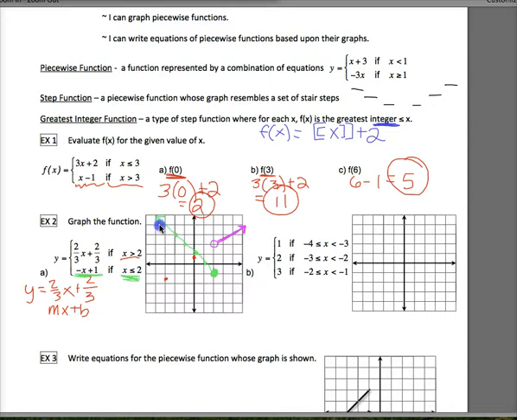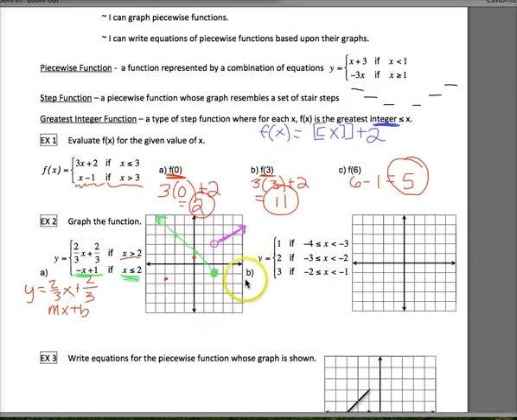Don't forget the arrows, because remember it goes on forever in that direction. So the green and the purple together are what your final answer should look like. So if you're out of practice graphing lines, you may want to look for an online game where you can practice that, because you really need to be strong with that.